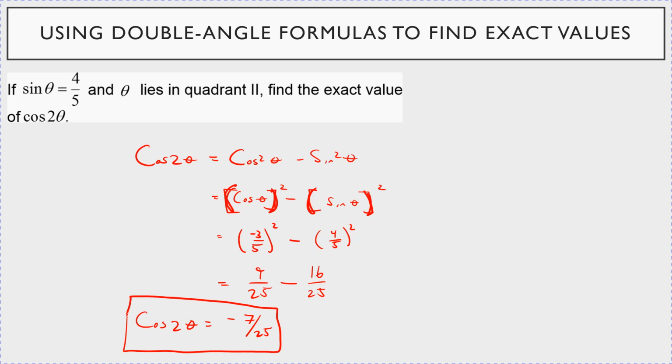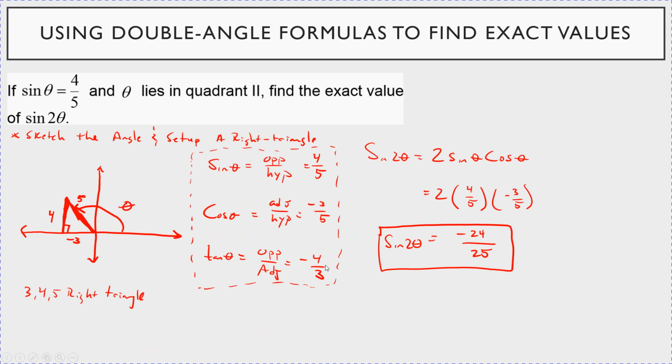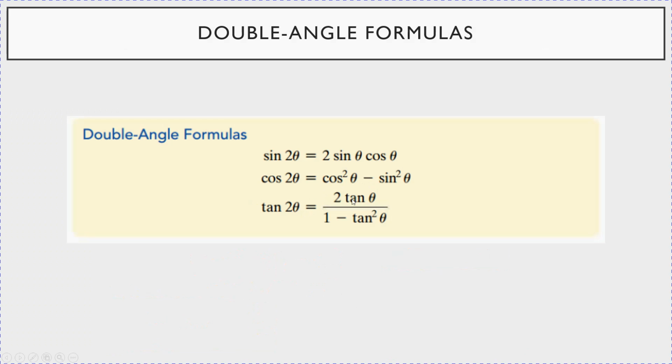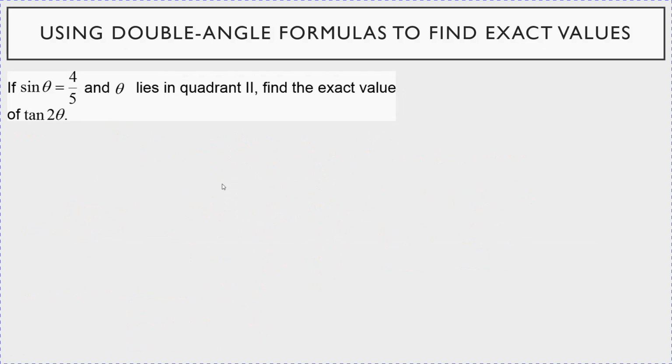And then look, we also know the value of tangent here, right? So tangent is minus 4/3. So then going back to tangent of 2 theta, we're just going to use this formula right here. Tangent of 2 theta is 2 times tangent of theta divided by 1 minus tangent squared of theta.